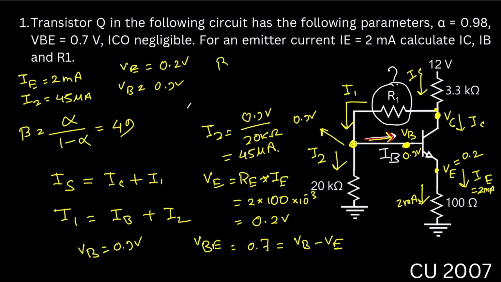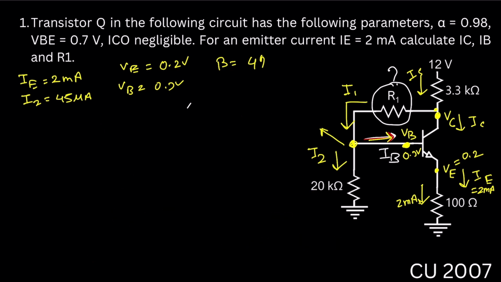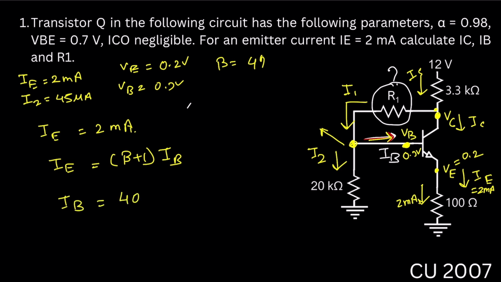Here you can see IE is 2 milliampere, so we know that IE equal to beta plus 1 into IB. Here beta is 49, so IB will be 40 microampere. This IB is 40 microampere, I2 is 45 microampere. Then we can write down I1 equal to IB plus I2 equal to 85 microampere.